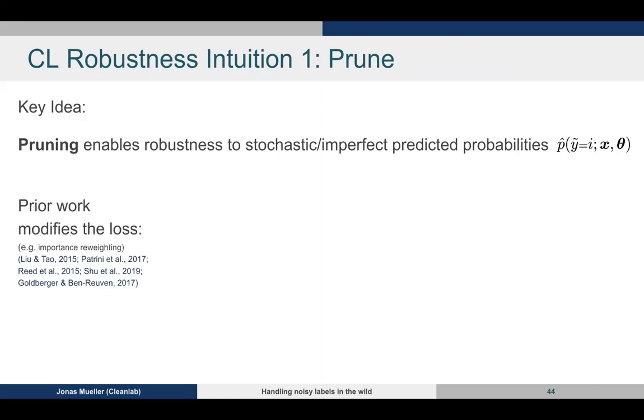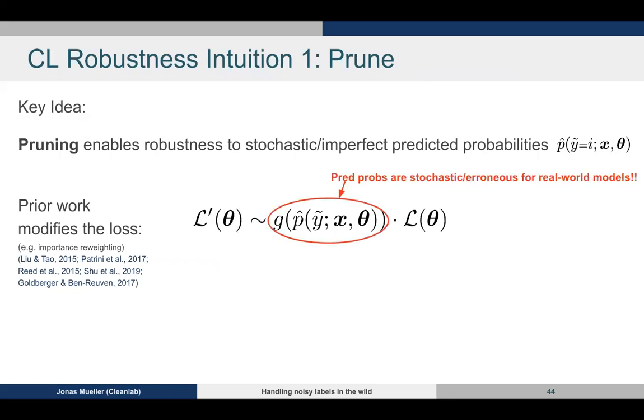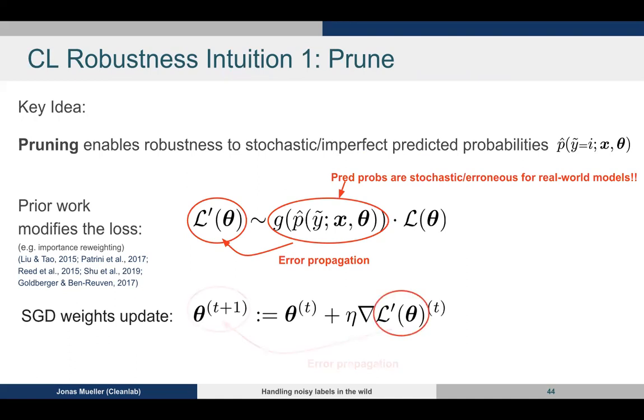A lot of the methods that I talked about before are focused on modifying the loss function in some way, based on these predicted class probabilities, to get a new loss function. But these predicted probabilities are, of course, estimated, so they have noise in them themselves. That noise propagates into your modified loss function. And if you're doing stochastic gradient descent or any kind of optimization, you end up with the noise affecting your resulting estimates a lot.